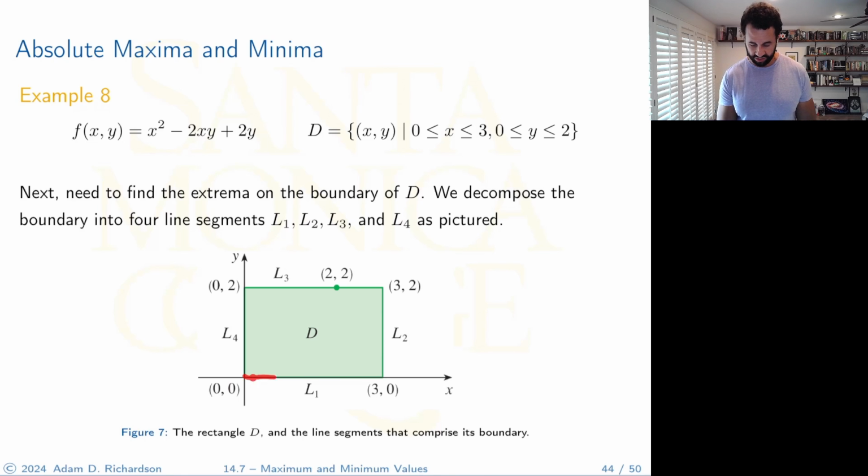So we're going to focus on just L1 and see what's going on on that line, then focus on L2, then L3, and then L4. So tedious, but here, we're going to do it.